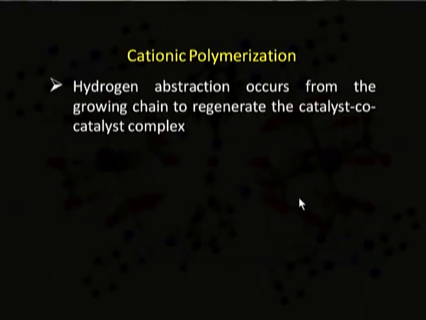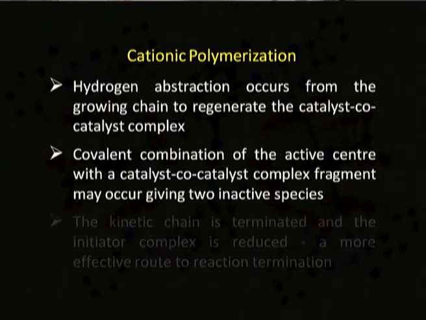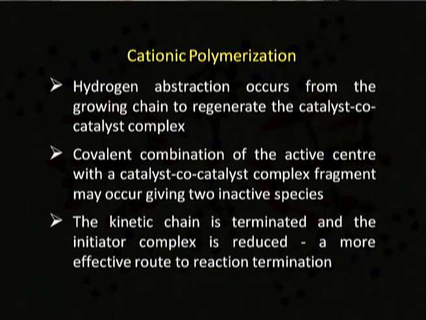In this, hydrogen abstraction occurs from the growing chain to regenerate the catalyst co-catalyst complex. Covalent combination of the active center with the catalyst co-catalyst complex fragment may occur, giving 2 inactive species. The kinetic chain is terminated and the initiator complex is reduced, a more effective route to reaction termination.